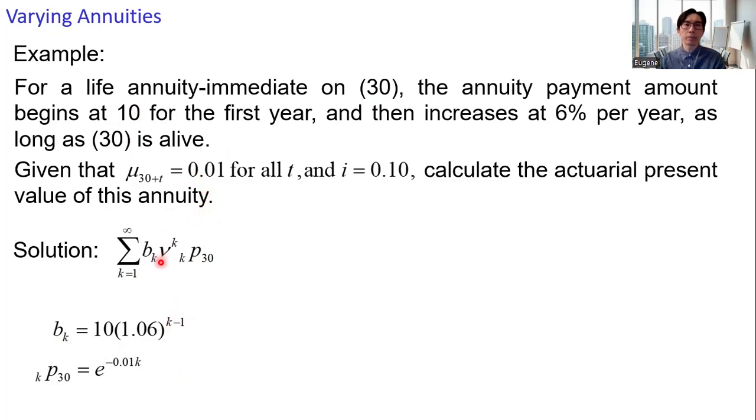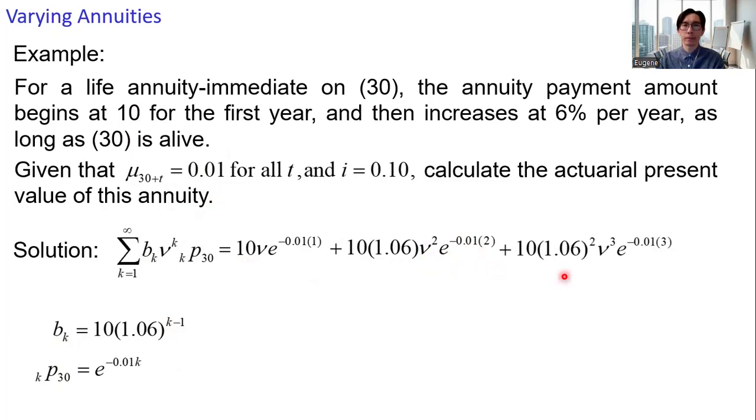Expand the summation and plug in the values. The first term, when k equals 1: the first payment is 10 with the present value factor v and then times p30. The second term, k equals 2: the annuity payment is 10 times 1.06, the corresponding present value factor v squared, and then 2p30.